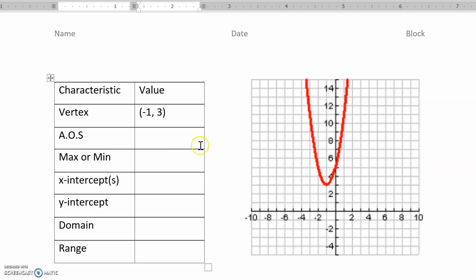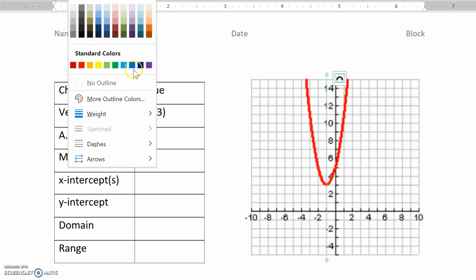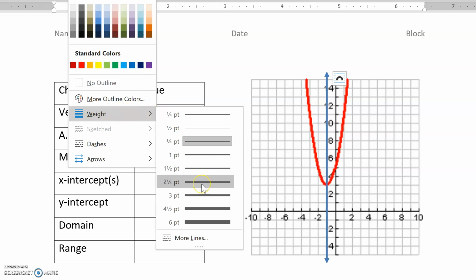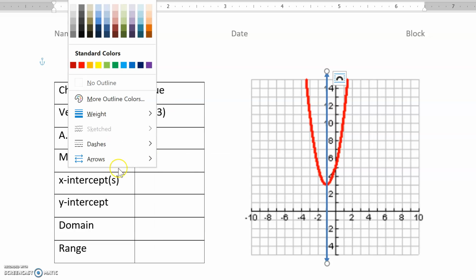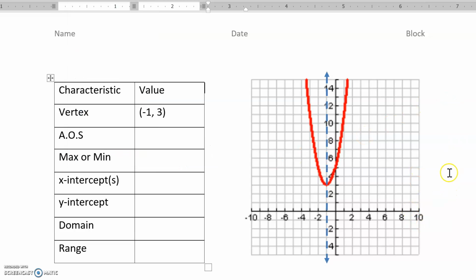Our axis of symmetry, remember, is going to cut that graph in half, and I want you to actually insert that. So we need to go to the line tool. So you go insert shapes, select one of the lines. Again, preferably the one with arrows on the end. Let's make that a little bit thicker, and let's give it some dashes so it looks mathematically correct.